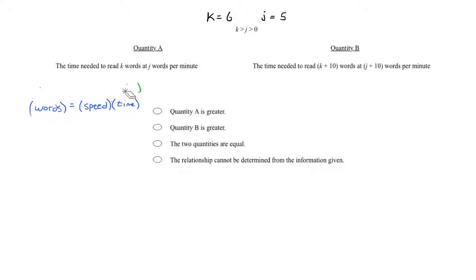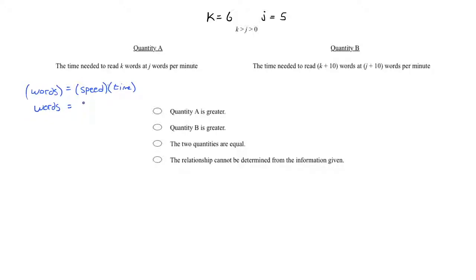So I'm going to get rid of the distance analogy now. I just wanted to bring that up because it might make this situation seem more familiar to you if it wasn't already. But words read equals the speed at which you read times the time. Another way of looking at this is in terms of the units.